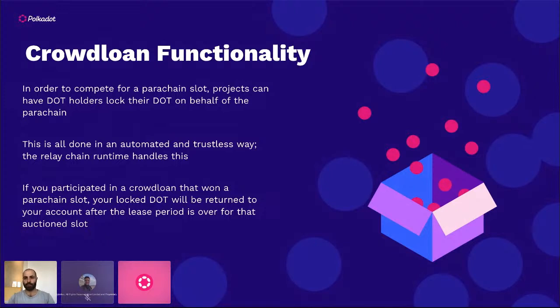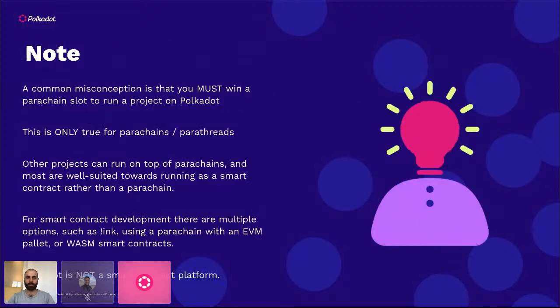So the DOT that you use to participate in crowd loans to show support to parachain teams is locked in the relay chain and will actually get returned to you at the end of the auction slot. Those auction slots also have end dates. Parachain teams will continually have to win new slots when the lease periods are over. So this is incredible in a way that your support will get returned to you. Awesome. So parachain teams utilize this crowd loan functionality to win their slots.